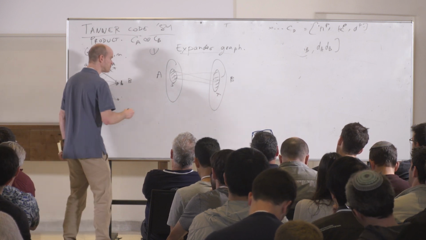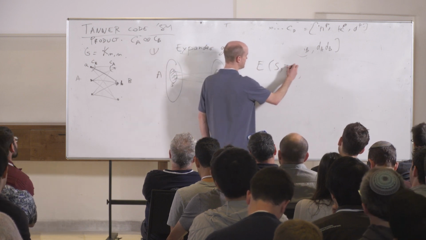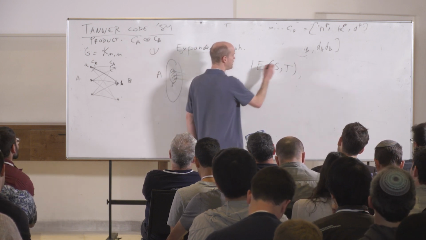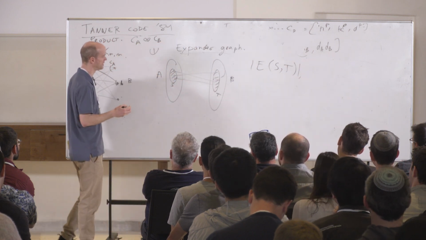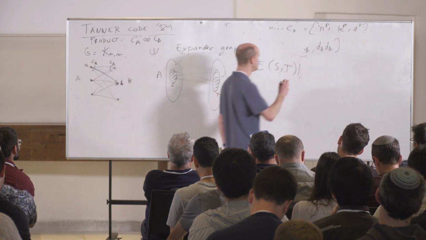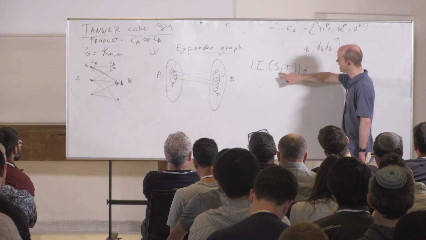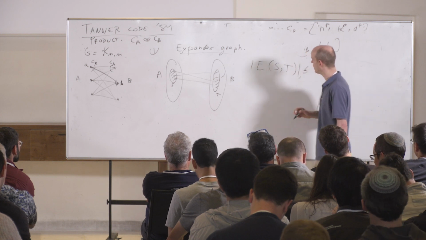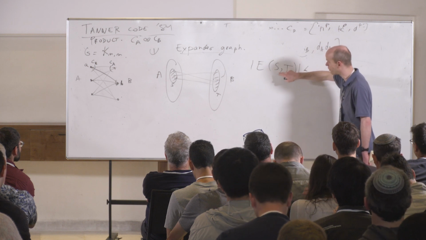It should behave as if the graph was random, for all S and T. So if I had something completely random, what would be the expected value of the number of edges that go from S to T?